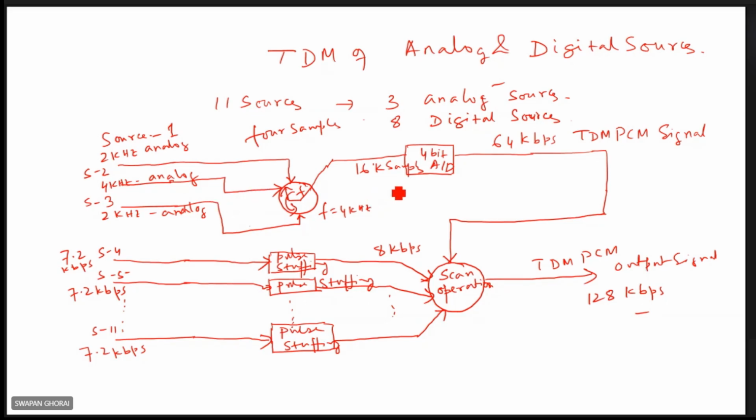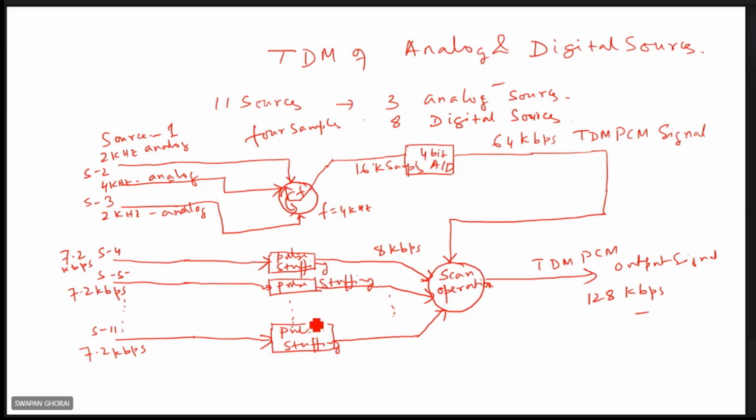You have to use the sampling theorem; first they are sampled, next you use quantization, using 4-bit or 8-bit. And for digital sources with non-standard data rates, you have to use pulse stuffing.